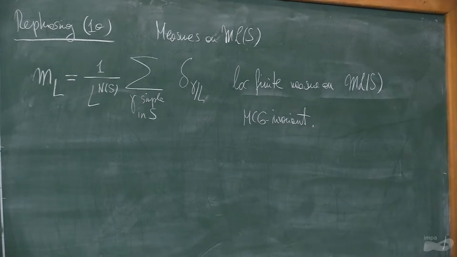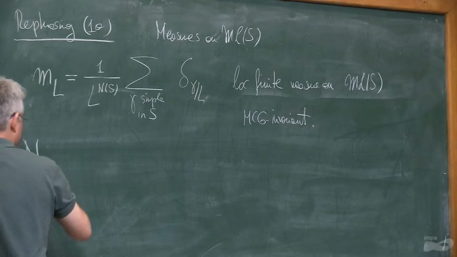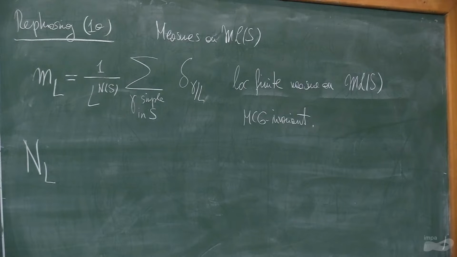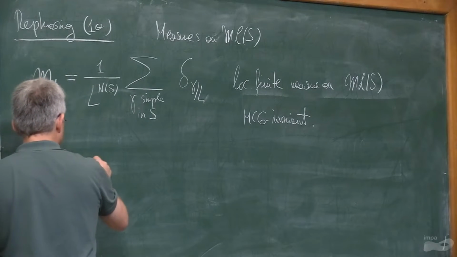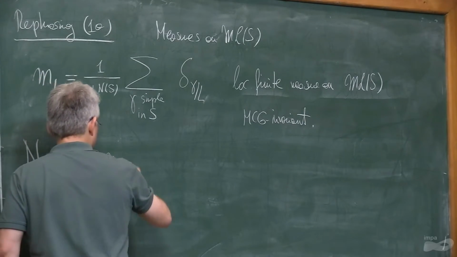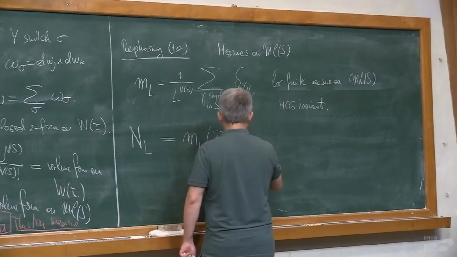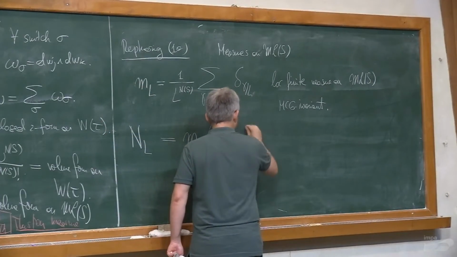So why is one interested in this measure? We were interested in counting the number of these curves which were shorter than L. This actually agrees with the measure of the unit ball.